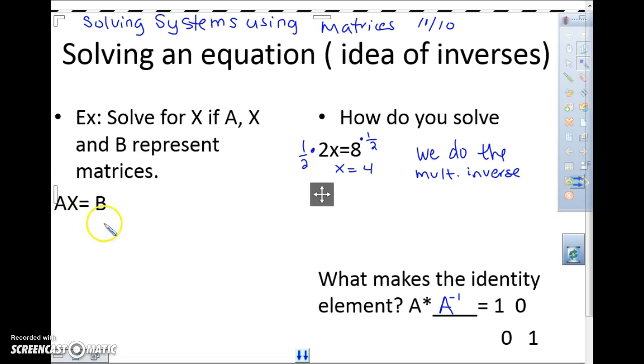So if I want to solve this matrix equation for X, I have to get rid of this A. So I'm going to multiply by A inverse.